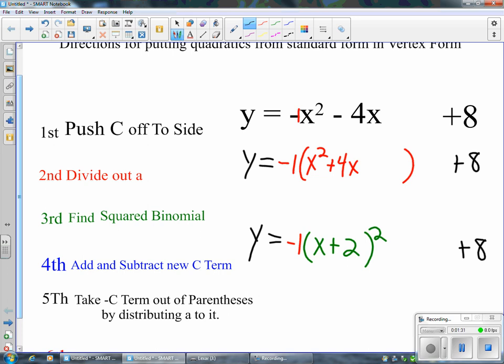But before we can actually get to this step, we need a trinomial that will factor down to it. So the trinomial we need is this 2 squared. So 2 squared is a +4. But the problem is, if I just +4 and leave it like that, well, then all of a sudden I'm changing the equation. So I need to do something to balance it out.